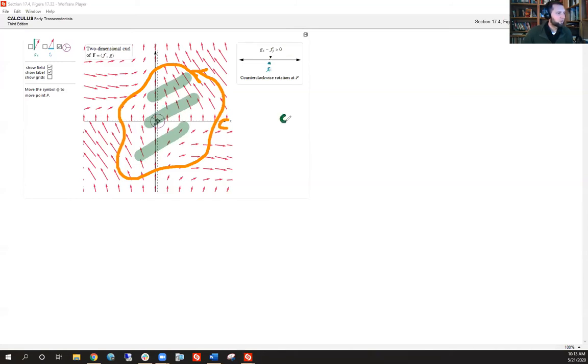Oh, I've got the fat pen at the moment. Curl would be the partial of G with respect to x, minus the partial of F with respect to y. That would be the spin rate.